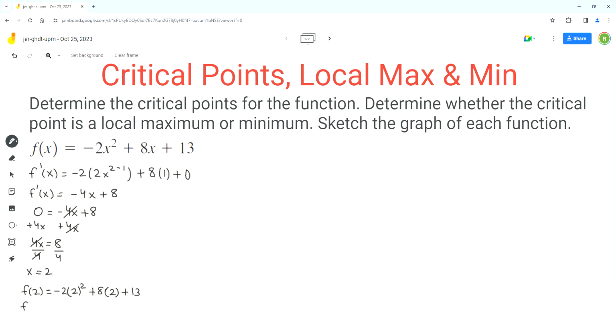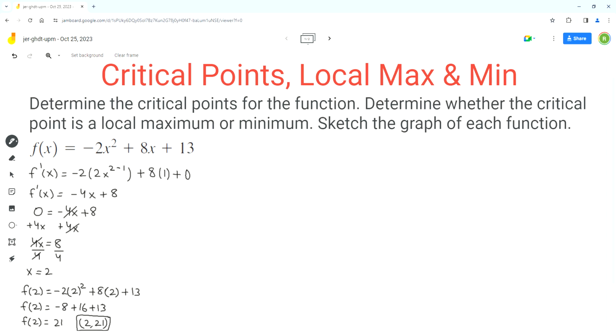So 2 squared is 4 and negative 2 times 4 is negative 8, and 8 times 2 is 16, plus 13. And f of 2 is equal to, so negative 8 plus 16 is positive 8 and 8 plus 13 is 21. So the critical point here is (2, 21). So this function has only one critical point.